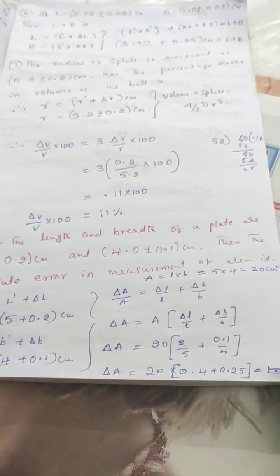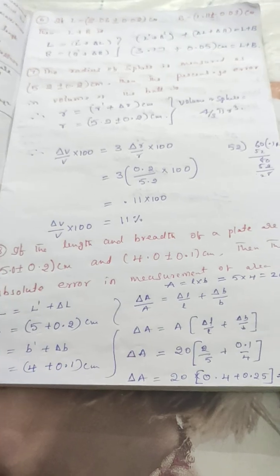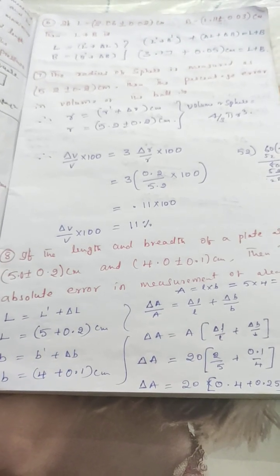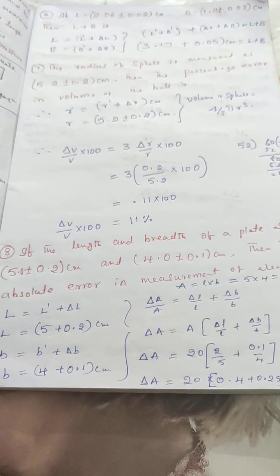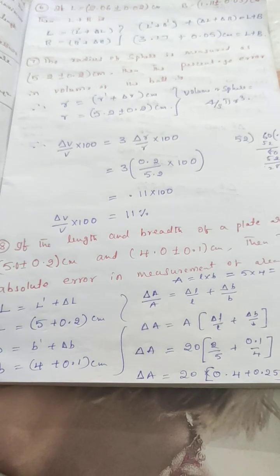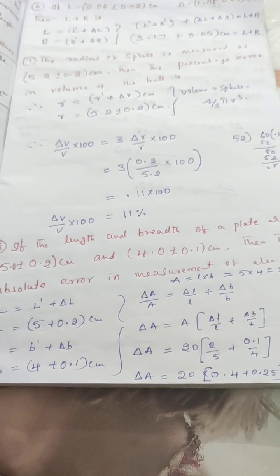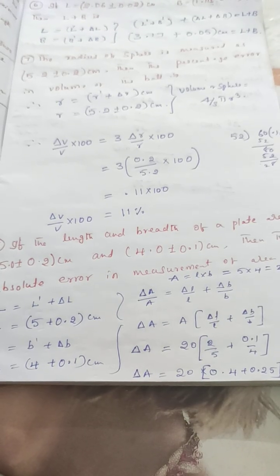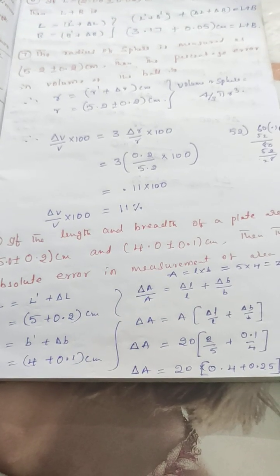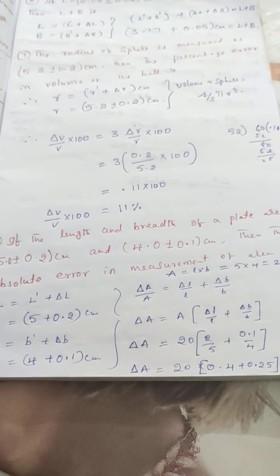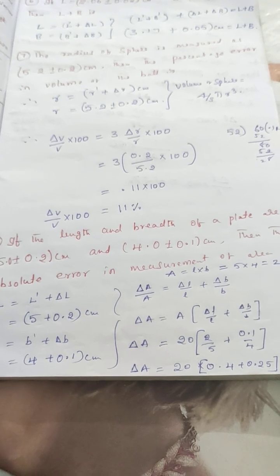Next, if the length and breadth of a plate are 5.0 plus or minus 0.2 centimeters and 4.0 plus or minus 0.1 centimeters, be careful: 5.0, not 50. Whenever they give decimal points, observe carefully.